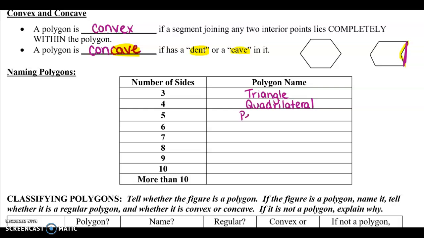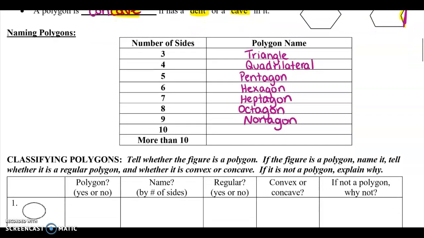A 5-sided is a pentagon. 6-sided is a hexagon. 7-sided is a heptagon, with a P. 8-sided is an octagon. 9 is a nonagon. 10 is a decagon. More than 10 would just be whatever the number is, then the word gon. So a 12-gon, a 13-gon, a 14-gon, whatever it may be.